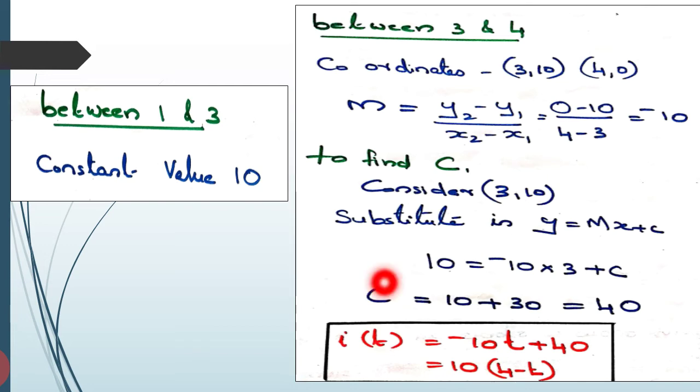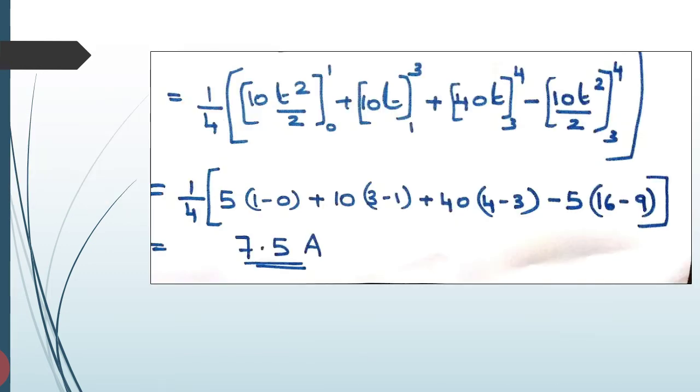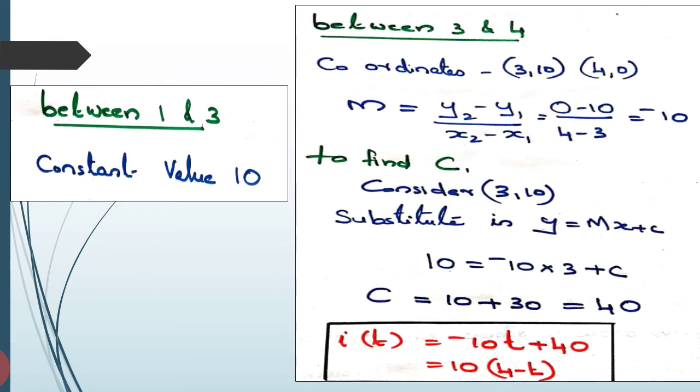And to find i of t, substitute in y equal to mx plus c. Here y means i of t, minus 10 t, where minus 10 is m, and then plus 40, that is the y-intercept.